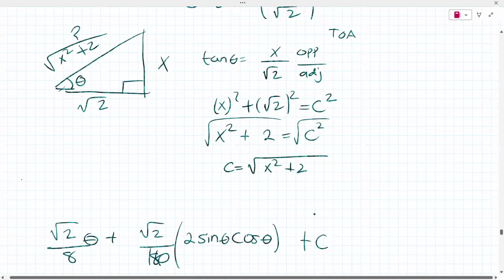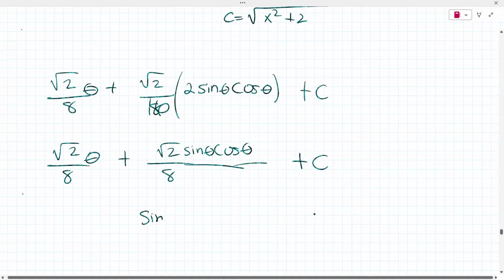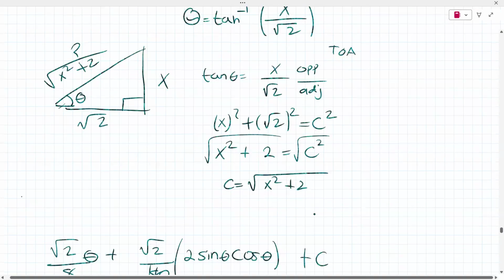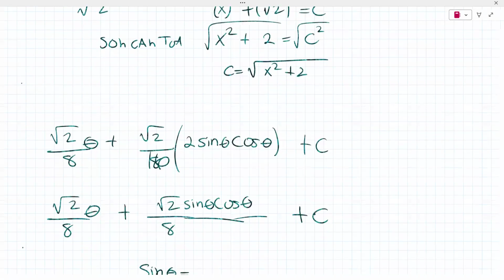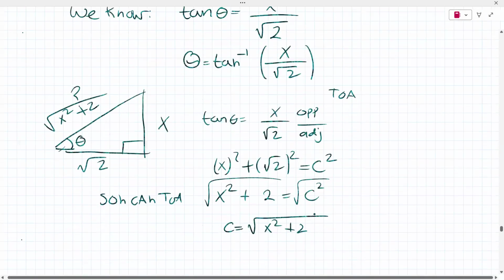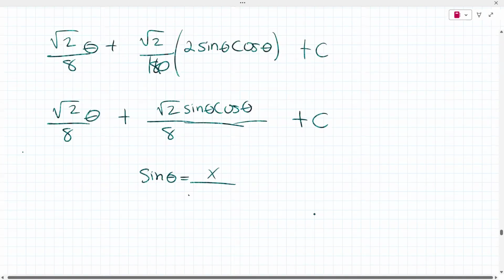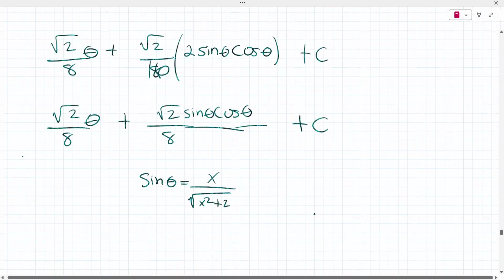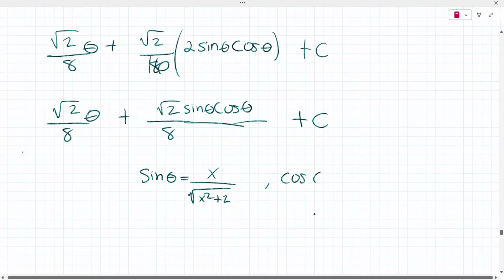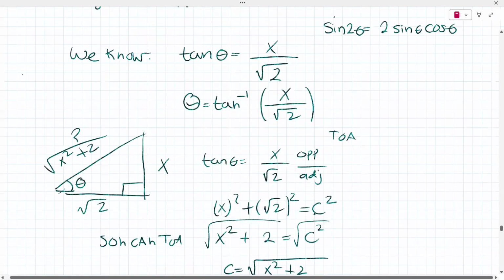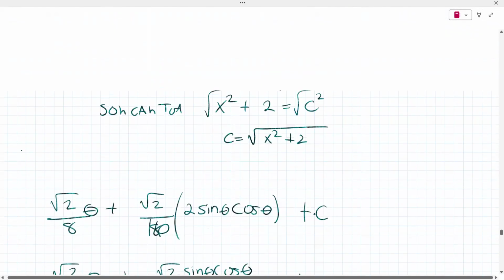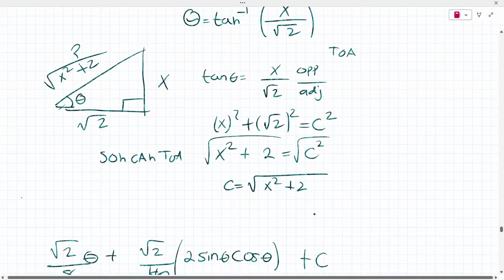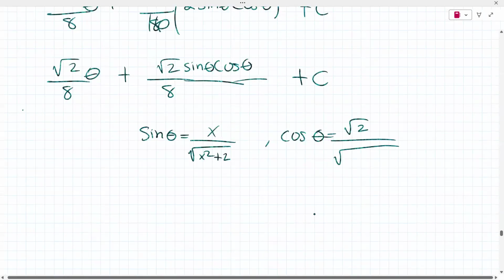Then we need to find our sine theta. Here's your theta. So sine is opposite over hypotenuse, so it's going to be x over the hypotenuse, square root of x squared plus 2. And then my cosine theta is adjacent, which is radical 2, over hypotenuse, which is square root of x squared plus 2.